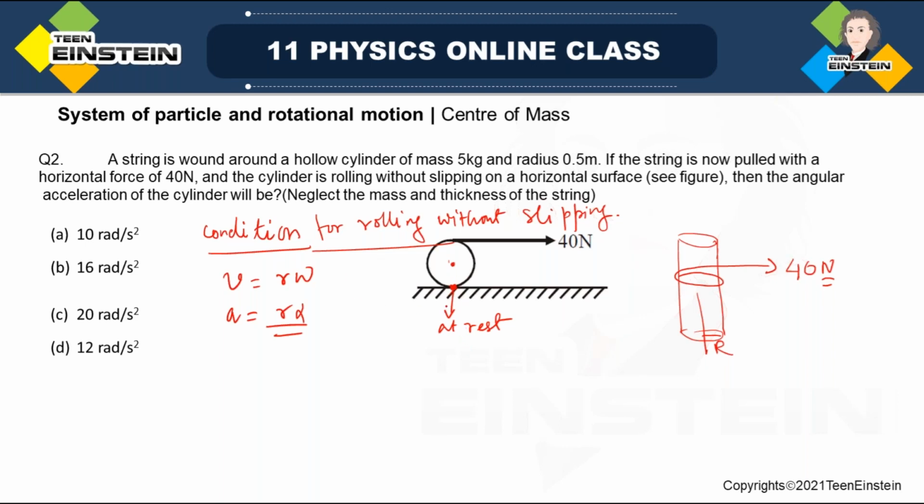So in case of rolling motion, we can think of a torque acting about this particular point, the bottommost point.